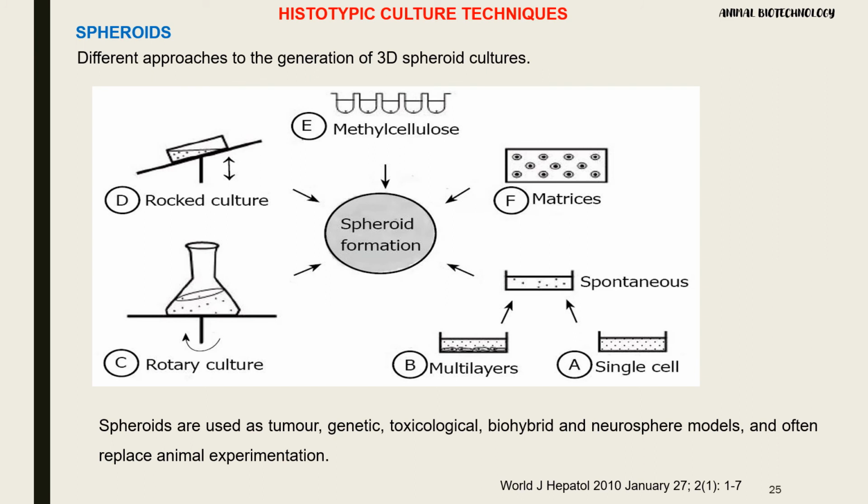There are different approaches to get spheroids, for example, from single cell cultures, multi-layer cultures, rotary cultures, rocked cultures, methylcellulose cultures, matrices, etc. The easiest approach is plating cells on a non-adherent culture dish in a serum-free media, as shown in figure A. In methylcellulose containing media, the cells are plated in a non-adherent round bottom well to form spheroids of defined cell number and composition.